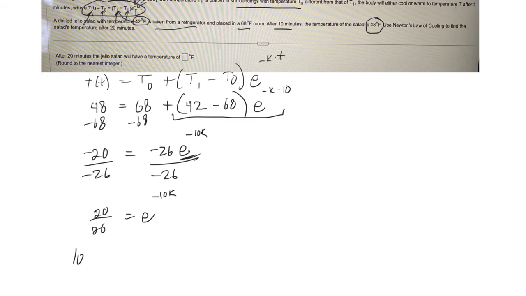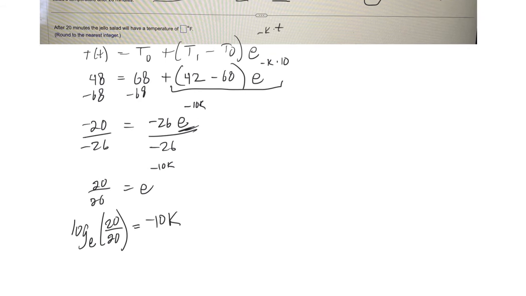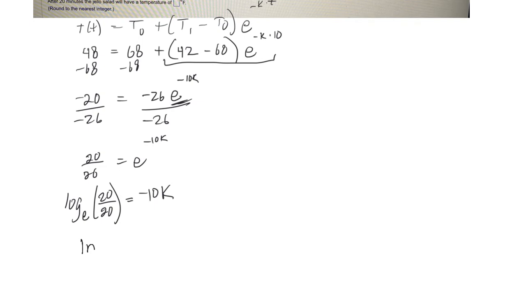Change to log form. So log base e of 20 over 26 is equal to negative 10k. So the ln of 20 over 26, divided by negative 10, is equal to k. Okay, calculator.